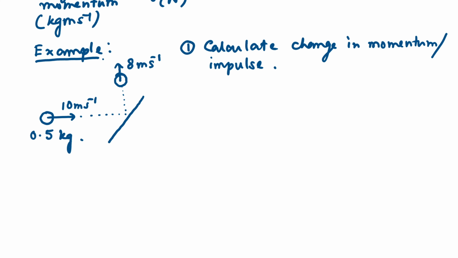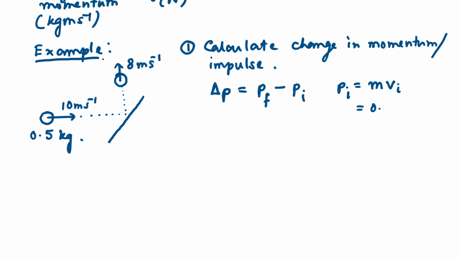Now, because we have the mass and the initial velocity, and the mass and the final velocity, we can calculate the change in momentum by using the final momentum minus the initial momentum. And we are using this because based on the information given to us, we can work out the initial momentum. It will be mass times initial velocity.